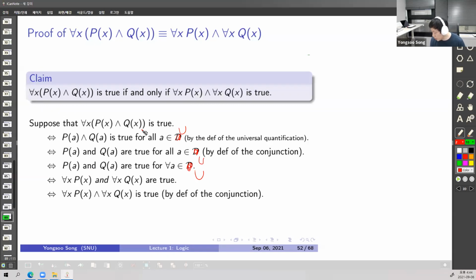So this is true if and only if P(a) and Q(a) are true for a in the domain, which is equivalent to P(a) and Q(a) both being true, which is equivalent to the statements that for every x, P(x) is true, and for every x, Q(x) is true, which is represented by this AND operation.